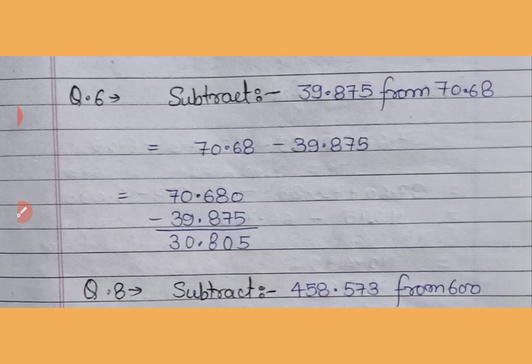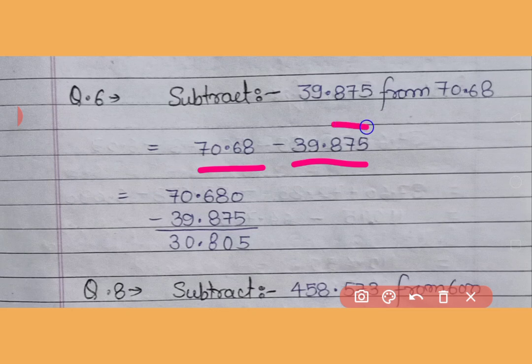Next question, 39.875 from 70.68. Now it is also an unlike term, so firstly we have to change into like terms. So 70.68 and here 39.875. Here in the second term, after the decimal 3 digits are there, so we have to keep 3 digits.